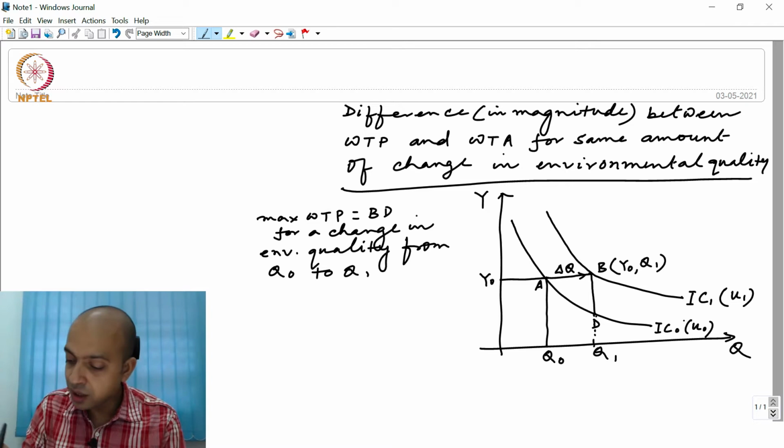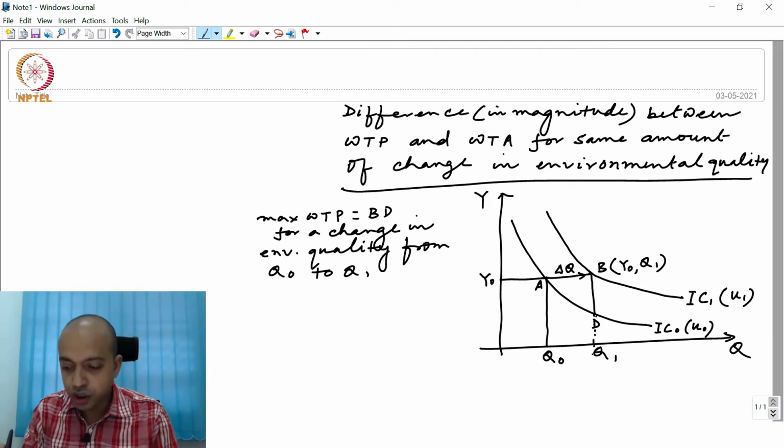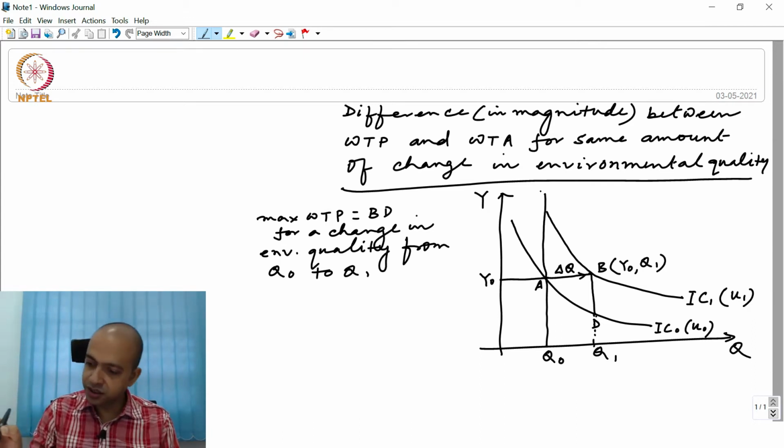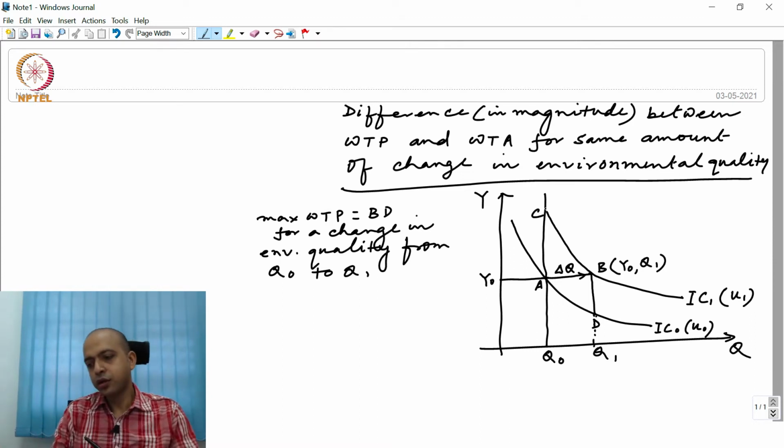How will you determine that? Same logic, from A we will draw a perpendicular up to his or her previous utility function. So that means this would be like this. Let's say this is A, C, right?